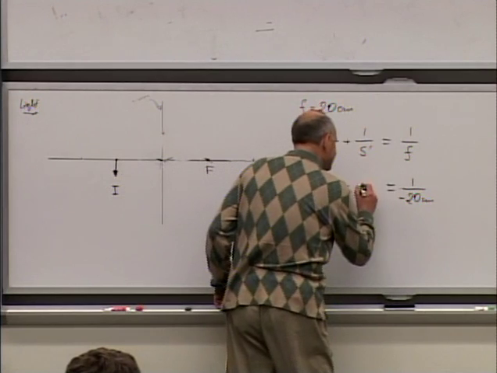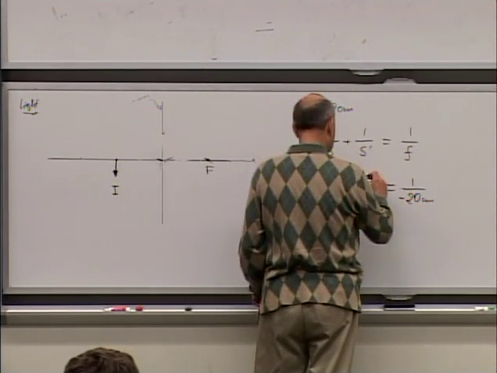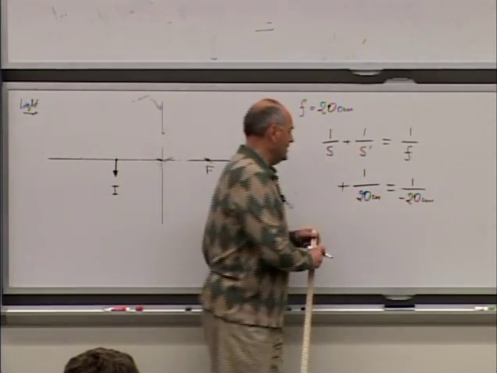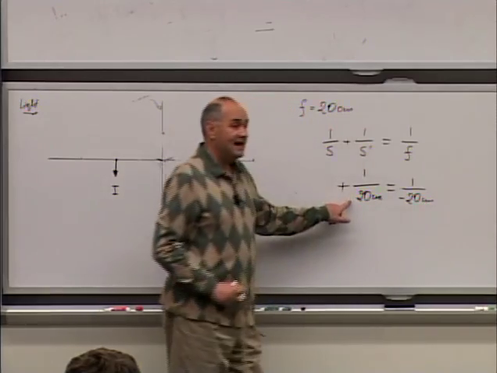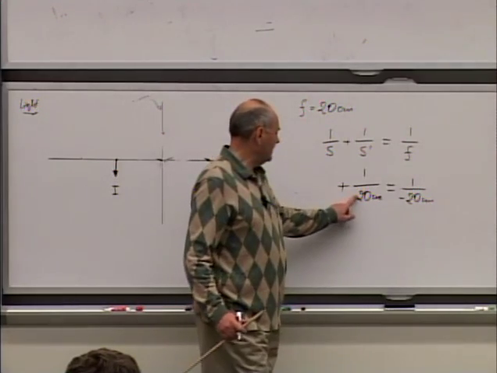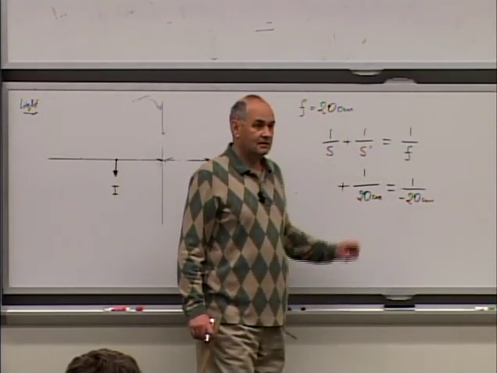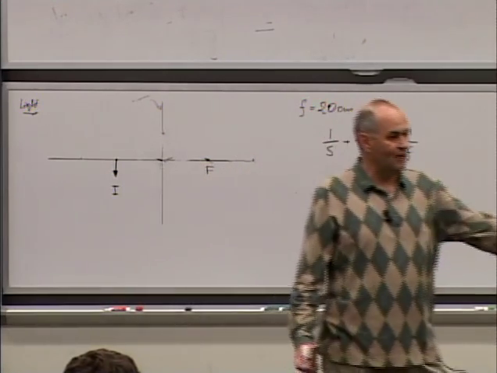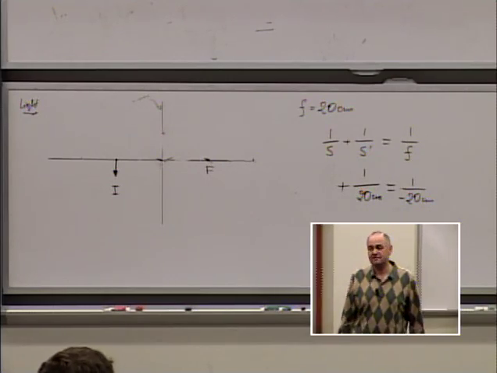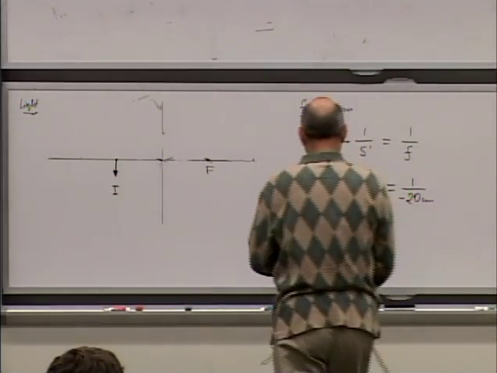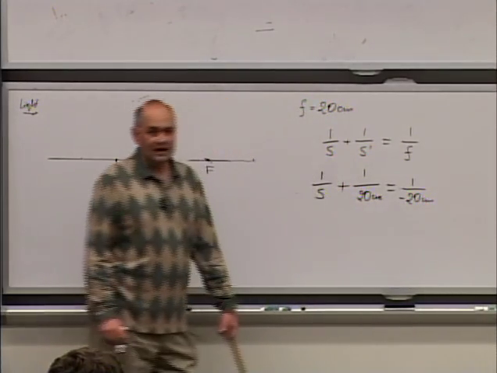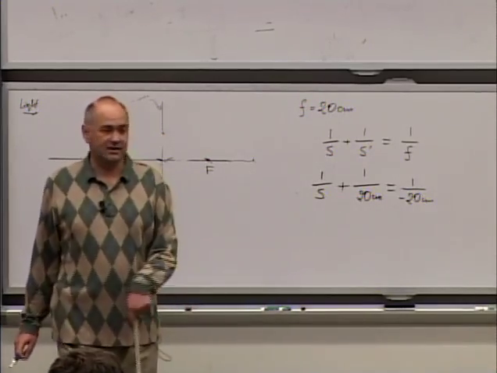So this one. Now, should I have here plus or minus? Should I put plus here or minus? Plus. And why do you say that it's plus? Because the image is in front of the mirror. Correct. So we need plus over here, which means that over here. And this is what we are looking for, where we have to put the object.